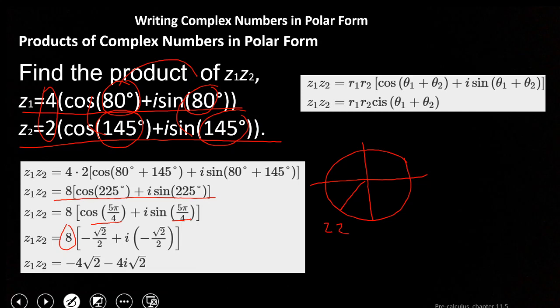So the reference angle is 45. That means the cosine of this would be the same as cosine of 45 except it's negative. And the sine would be the same except it's negative. So it would be negative square root of 2 over 2 and negative square root of 2 over 2, right? And that's it. That is the answer.